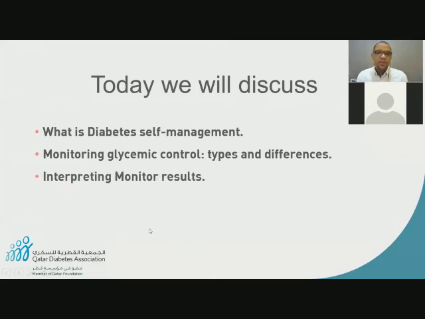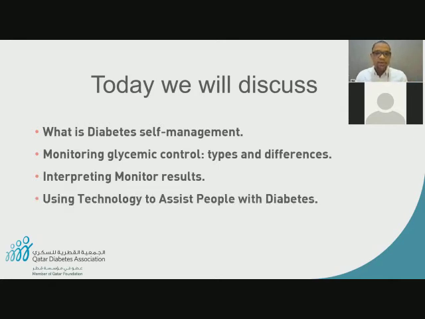And then we will know how we would make use of those results that we get from the tests and how it helps us to take the right decision. And finally, I'm going to show you some of the uses that the new technologies is bringing to us to help people living with diabetes manage their diabetes easily.